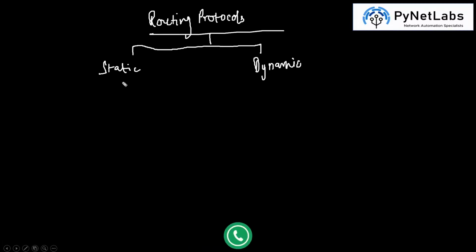So here you have to configure all the routes on the routing table of the router to make communication possible. And in the case of dynamic, you just have to advertise your route. So we will understand this. As of now, you can consider this as a manual thing, and this works automatically.